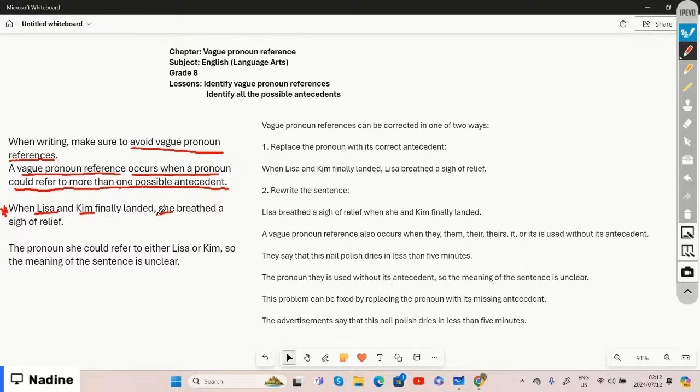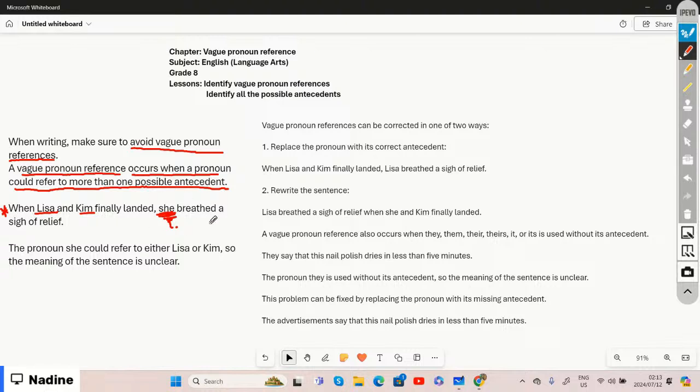And we need to try to avoid this vague pronoun reference. If we are referring to Lisa and Kim, then we would rather say they breathed a sigh of relief, referring to both of them. So we need to either make mention of both of them by choosing the correct pronoun.